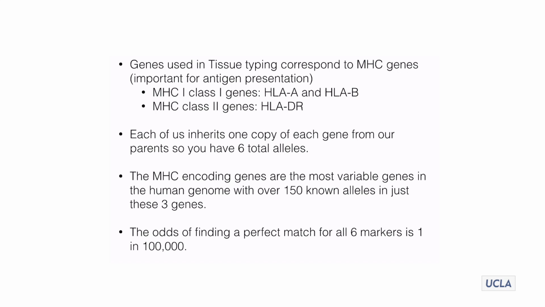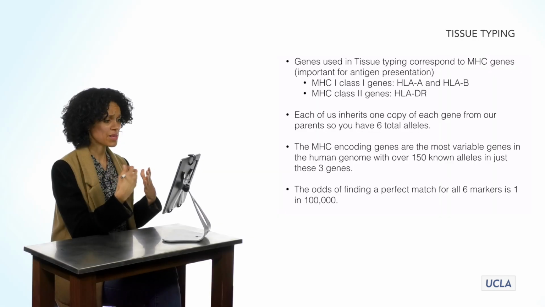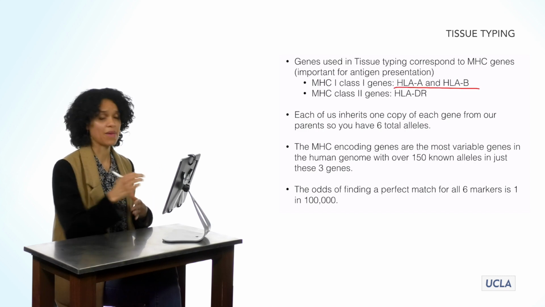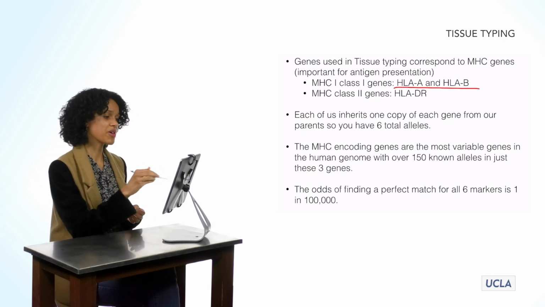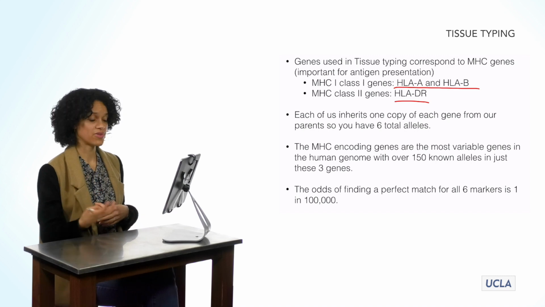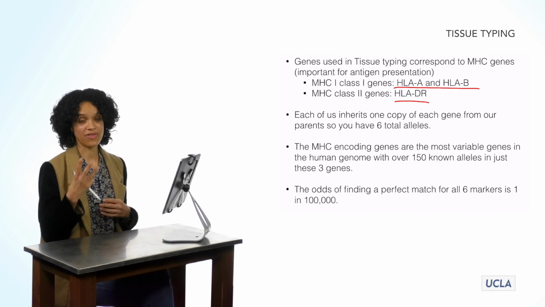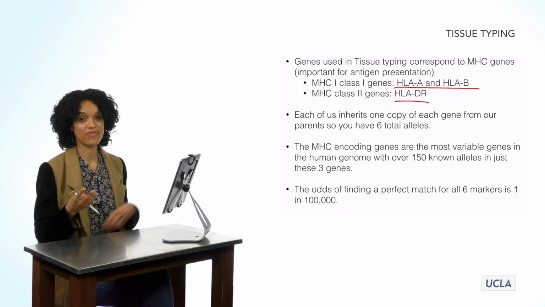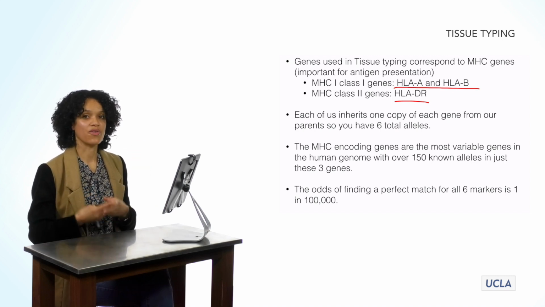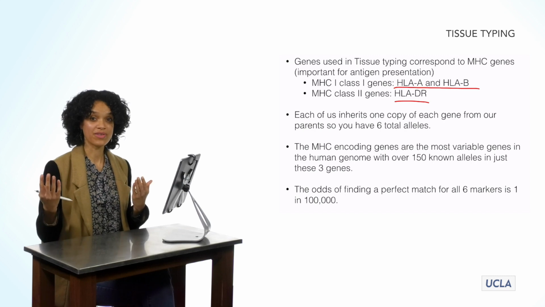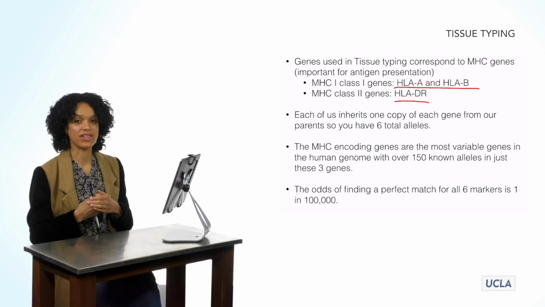These are the proteins responsible for presenting antigens to T cells. In our bodies, we have 2 different MHC class 1 genes, and we also have one MHC class 2 gene. So we have 3 different genes, but each of us inherits a copy of genes from our mom and our dad, so 6 total alleles of these 3 genes.